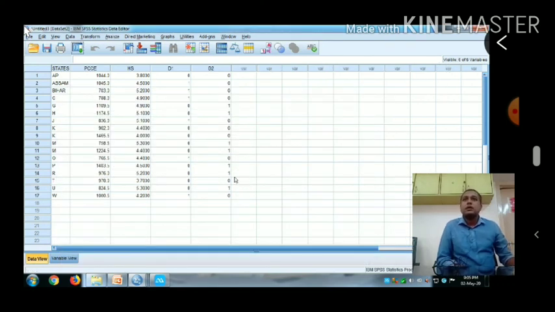Okay, so we have information as it is, that is states, per capita consumption, household size, dummy variable 1 and dummy variable 2. In this example, we don't have dummy variable 3. So we have only 2 dummy variables.